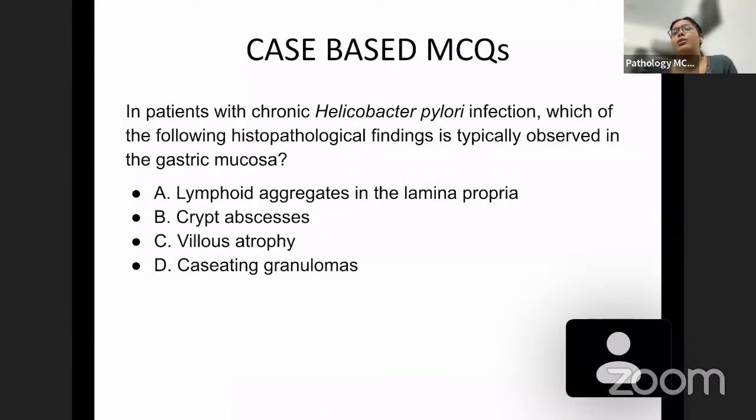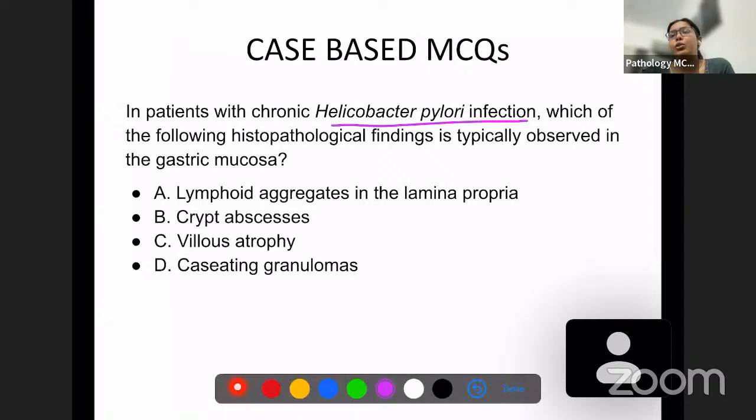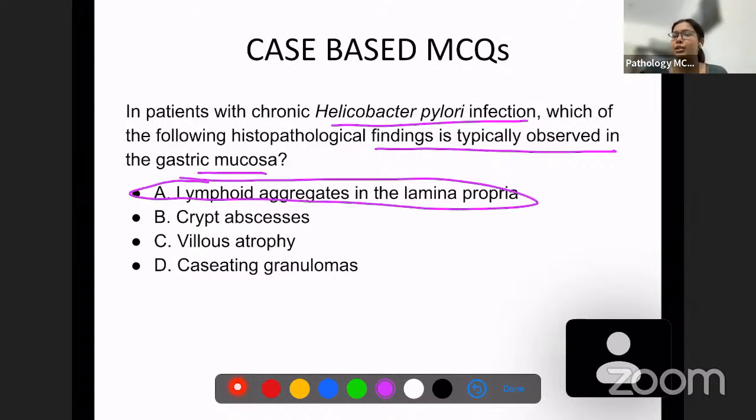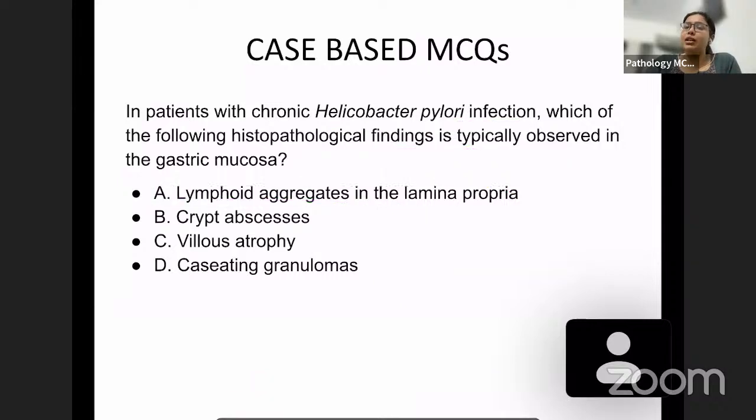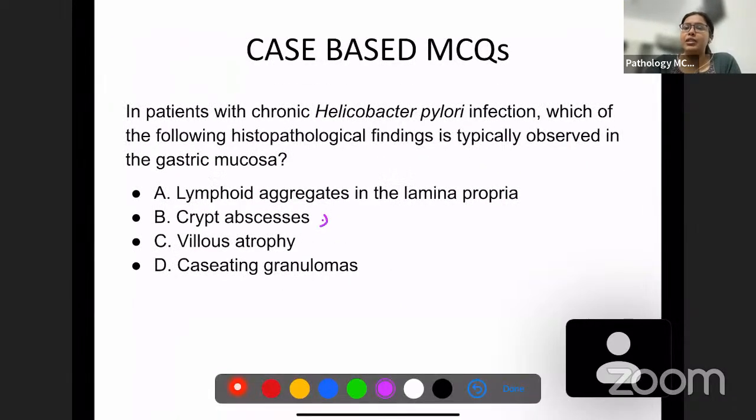Okay, the next question. In patients with chronic Helicobacter pylori infection, which of the following histopathologic findings is described in the gastric mucosa? Okay, so we just discussed this. Lymphoid aggregates in the lamina propria are seen in Helicobacter pylori infection. Caseating granuloma, we know TB. Villous atrophy, we know celiac disease. Crypt abscess is something which is seen in inflammatory bowel diseases. It can be seen in ulcerative colitis and also Crohn's disease.